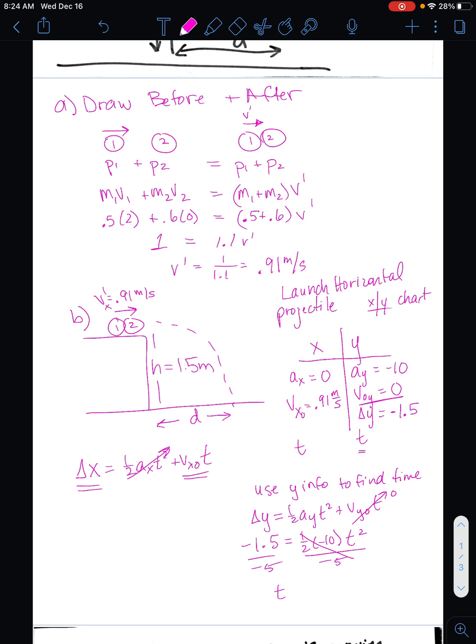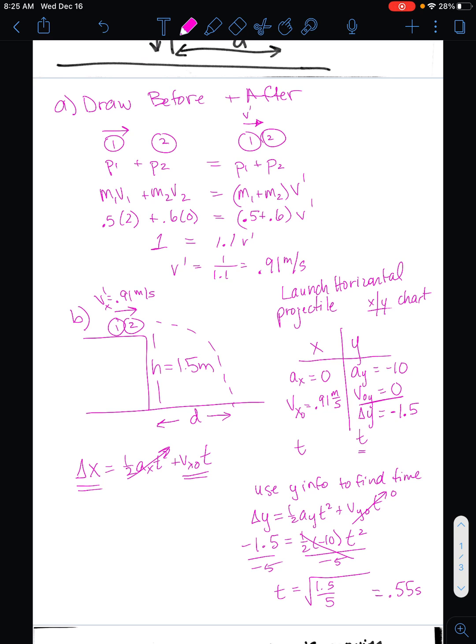And now I get that t is equal to the square root of 1.5 over 5. So get out the calculator, 1.5 divided by 5 is 0.3, and now I need to take the square root of 0.3, which is 0.55. So this is equal to 0.55 seconds.